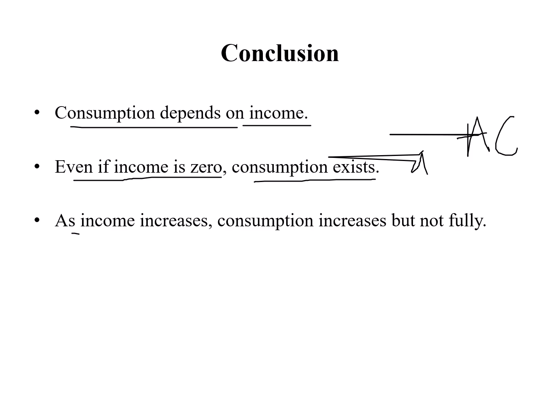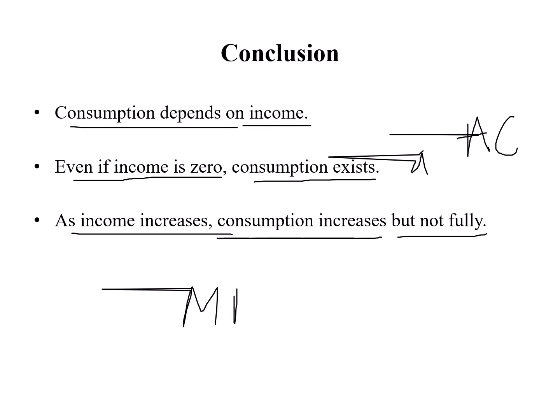And as income increases, consumption increases, but not fully. So MPC is not equal to 1, it is less than 1. If income increases, consumption also increases, but not proportionately to the income level.